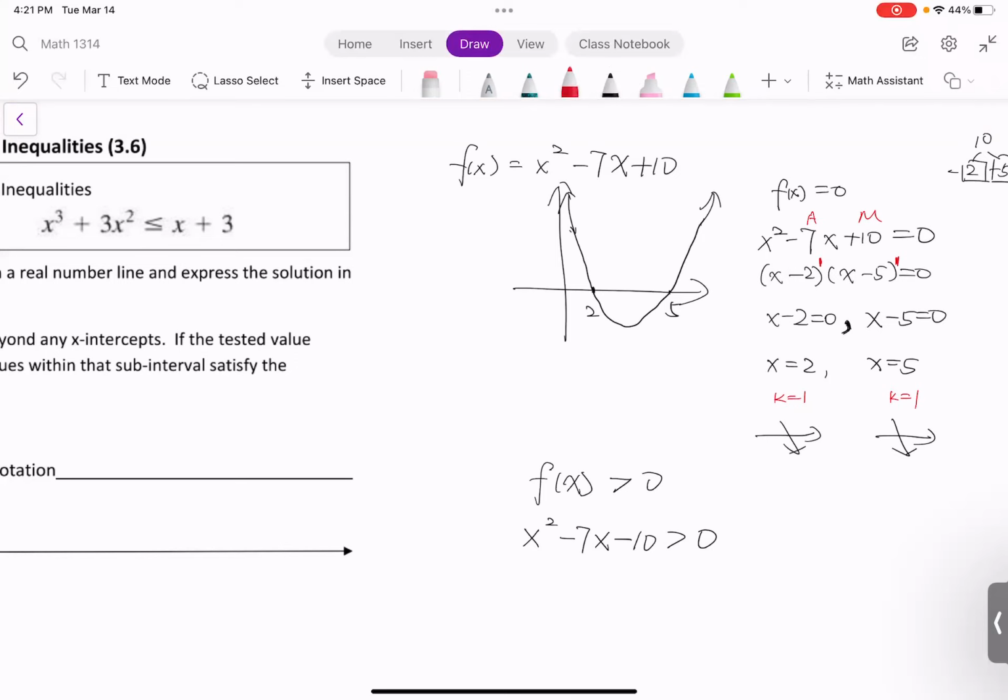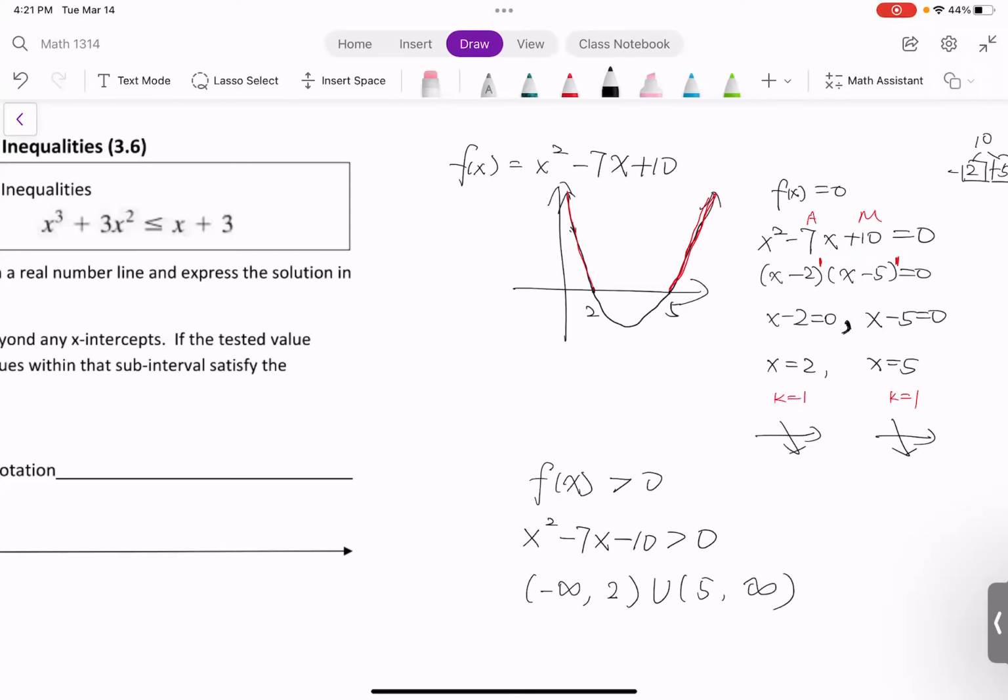Which part of f of x is greater than 0? Here, right? And another side, f of x is greater than 0. So what is the x interval of these two parts? I can write the x interval as from -infinity to 2, union 5 to infinity.